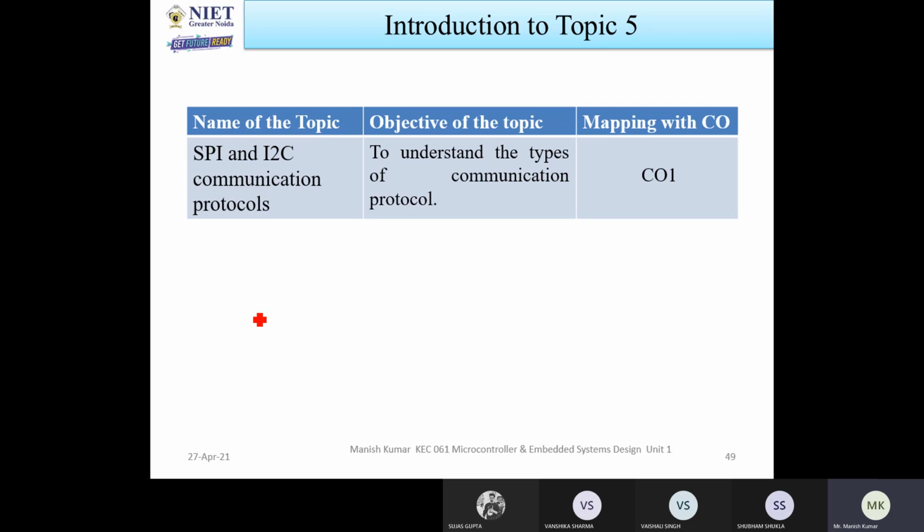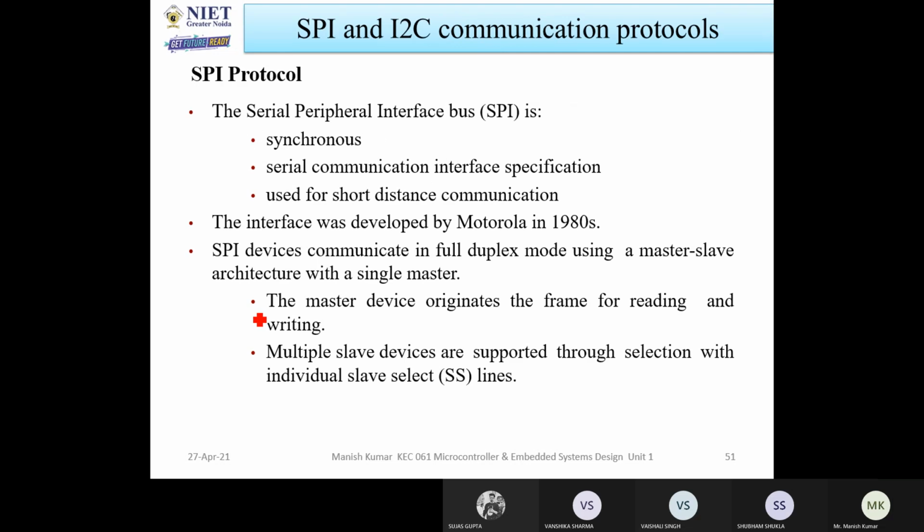So today I will discuss the first communication protocol, that is called SPI communication protocol, serial peripheral interface protocol. It is synchronous, which means at a time you can send a block of data, in one clock cycle, not a single byte of data.